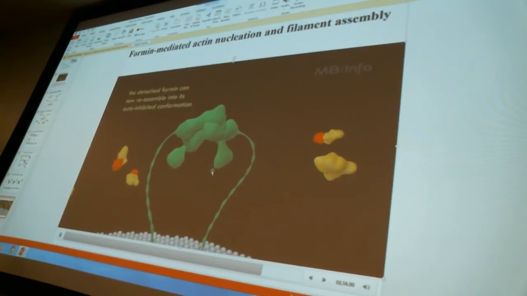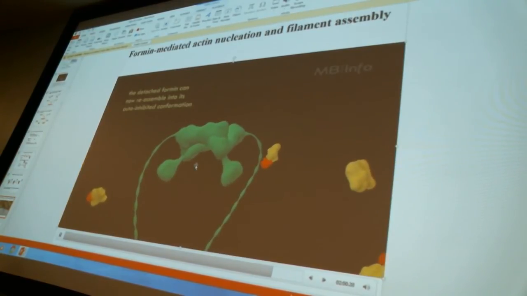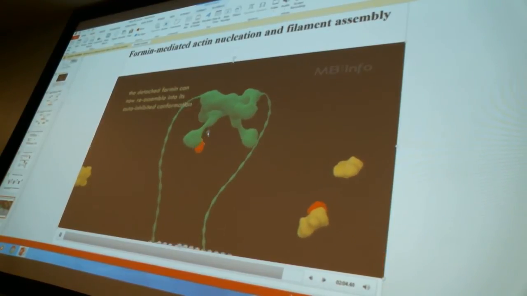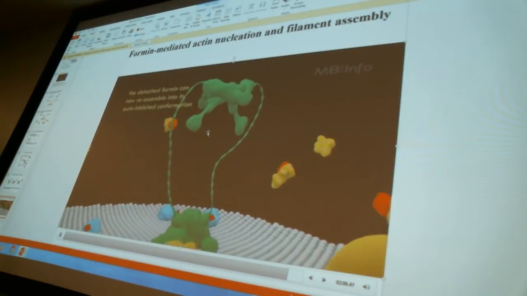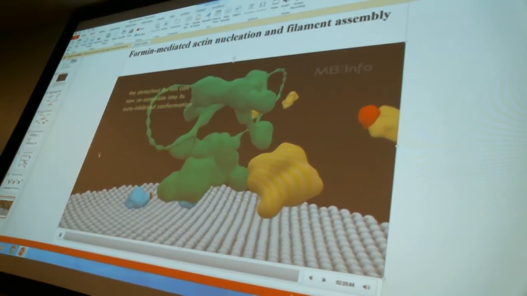Actin filament is kept, and formin is now collapsing on itself, and it becomes inactive again until the next signal molecule comes and stimulates its interaction with the Rho GTPase.